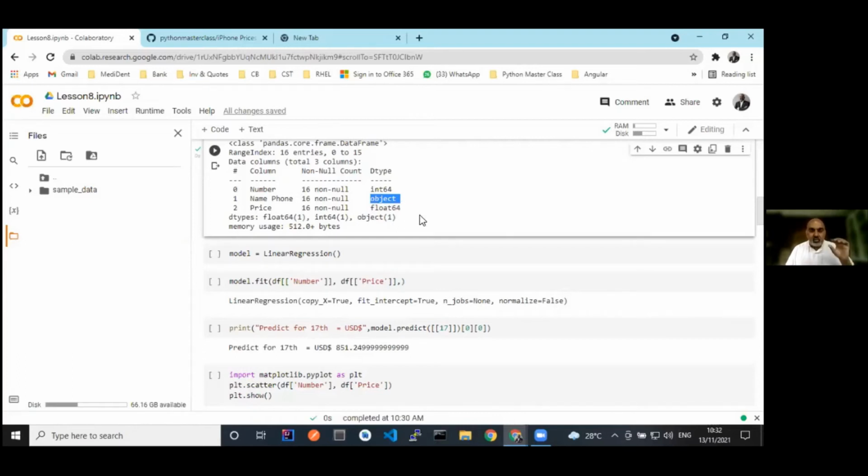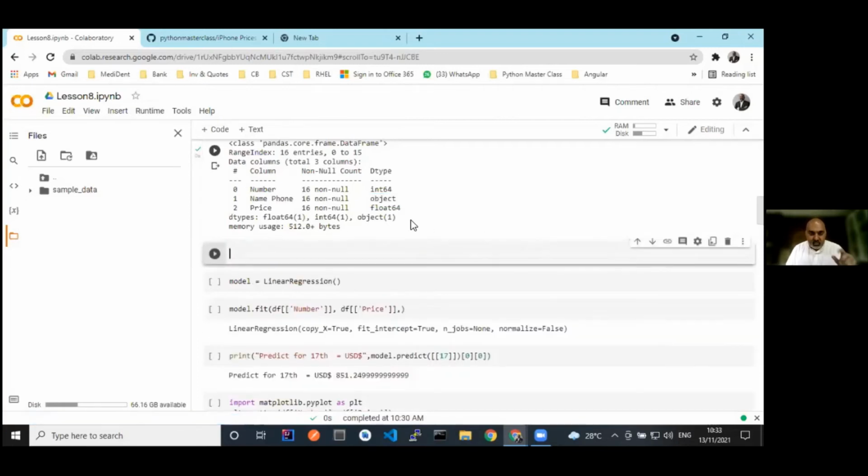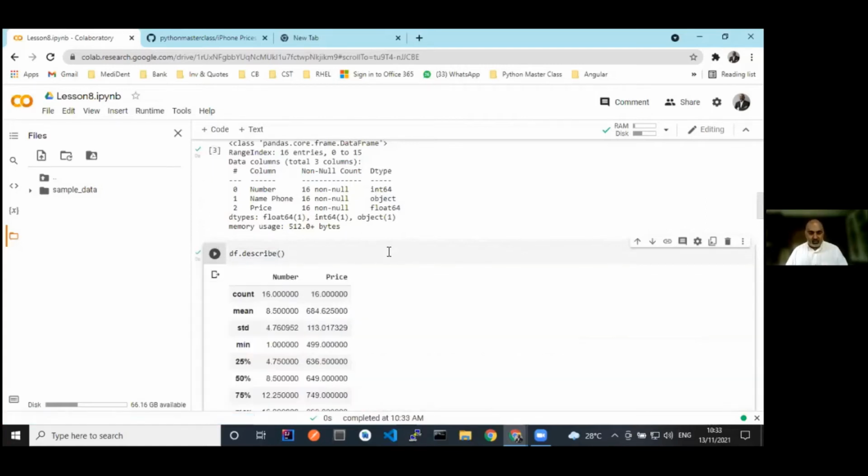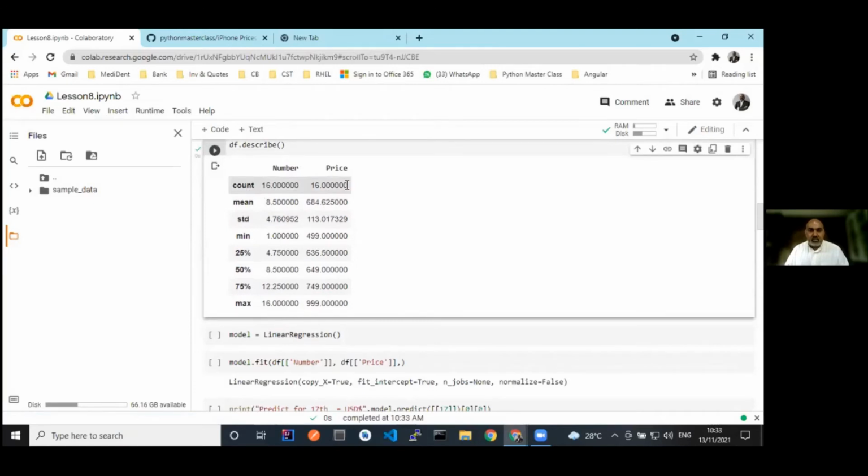These are little things that we can apply onto the data set before we begin our experiment. Another one that I want to show you is called describe. I think we did this already, but now you can see why we have these functions. It's telling us that there is an equal number of values for the column number and the column price.